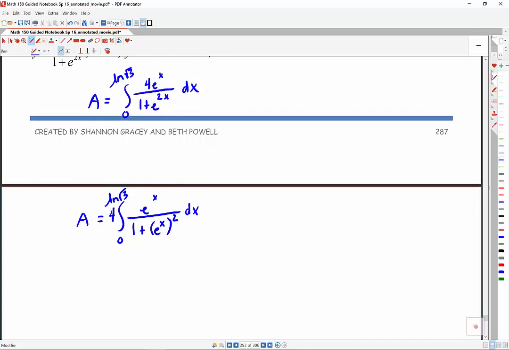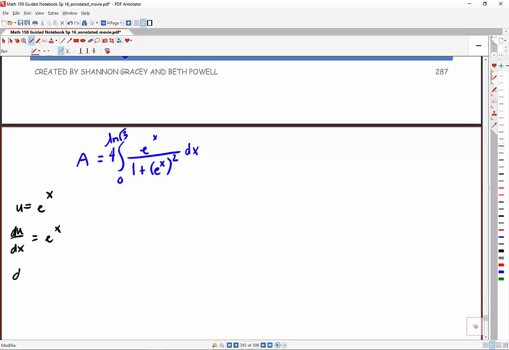Good so far? So now let's try doing a u sub where u is e to the x. So what is du dx? Perfect. E to the x. And then that means that dx will be du over e to the x.